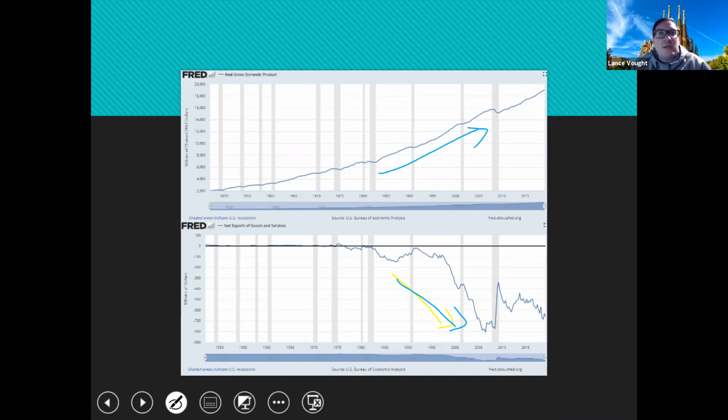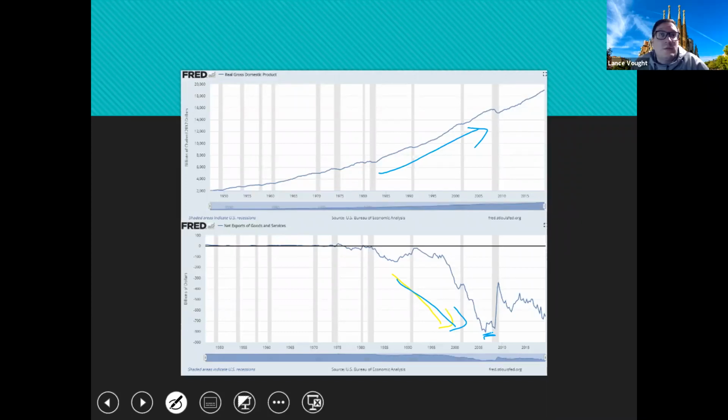Some people are worried about the fact that we are net importers. At our peak in around 2006, 2007, we were importing $800 billion more of foreign goods than we were selling of our own goods to foreign countries.